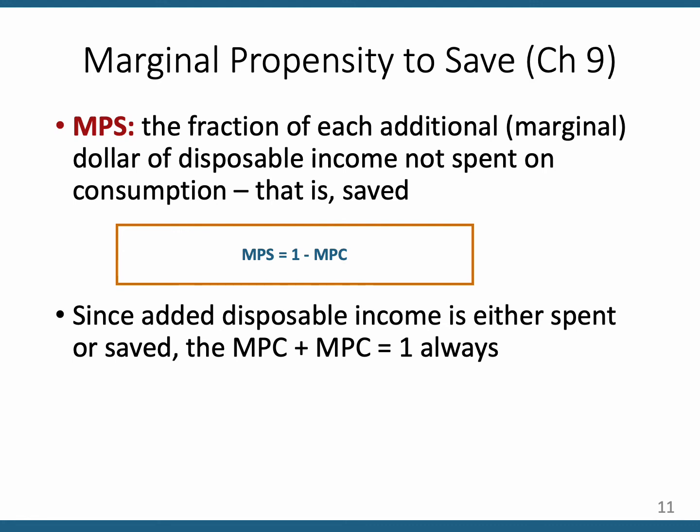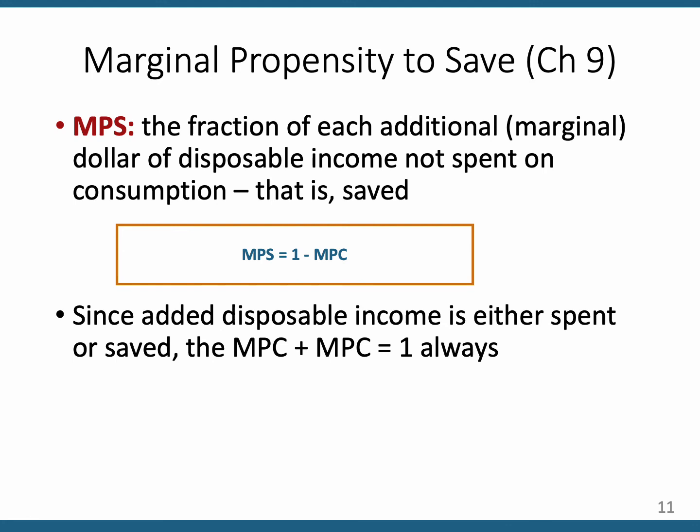If we're expressing them as proportions, then marginal propensity to consume plus marginal propensity to save must equal 1, right? Maybe it's 75% of marginal income that gets spent. Well, then it would be 0.75 plus 0.25 equals 1. So rearranging, marginal propensity to save equals 1 minus marginal propensity to consume. And that will be a useful relationship, which I'll show you shortly.